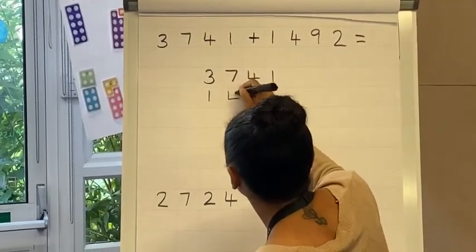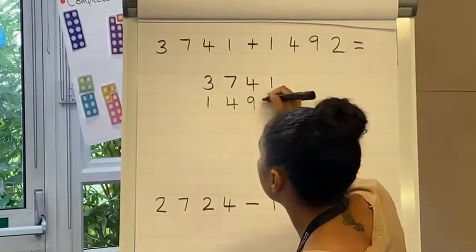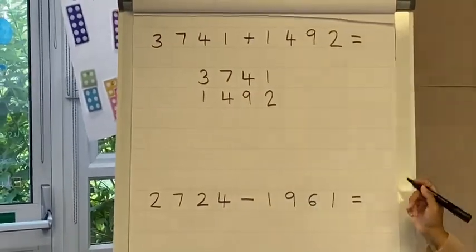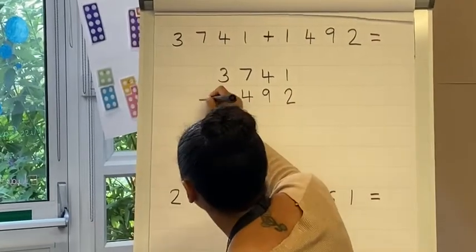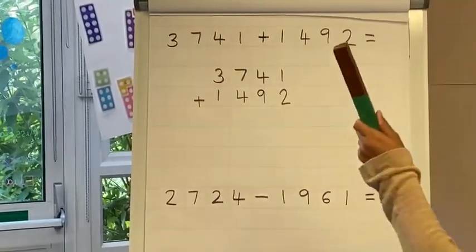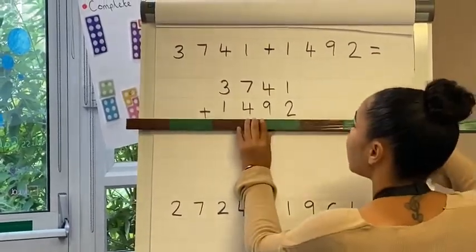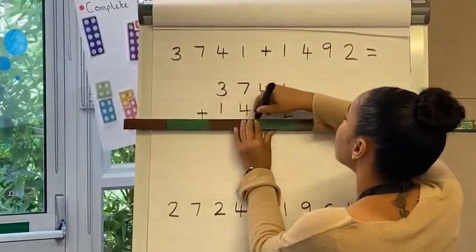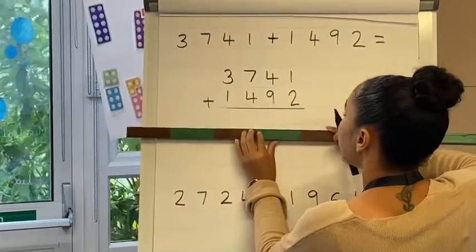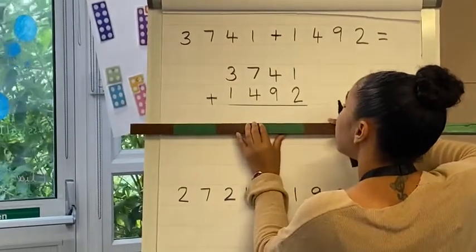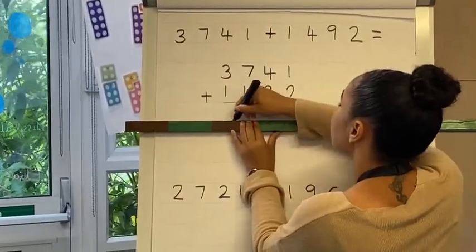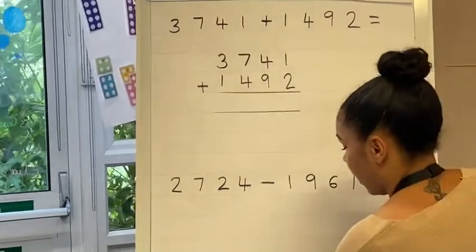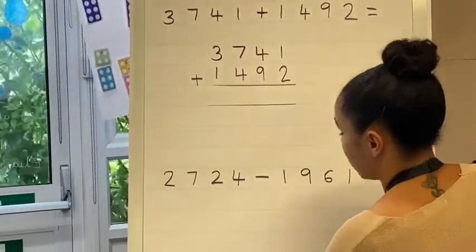So making sure that my thousands are in line, my hundreds are in line, my tens and my ones are all in line. Make sure I put my add sign using a ruler. Obviously yours won't be this big. There we go. And I've just set up my calculation like that.